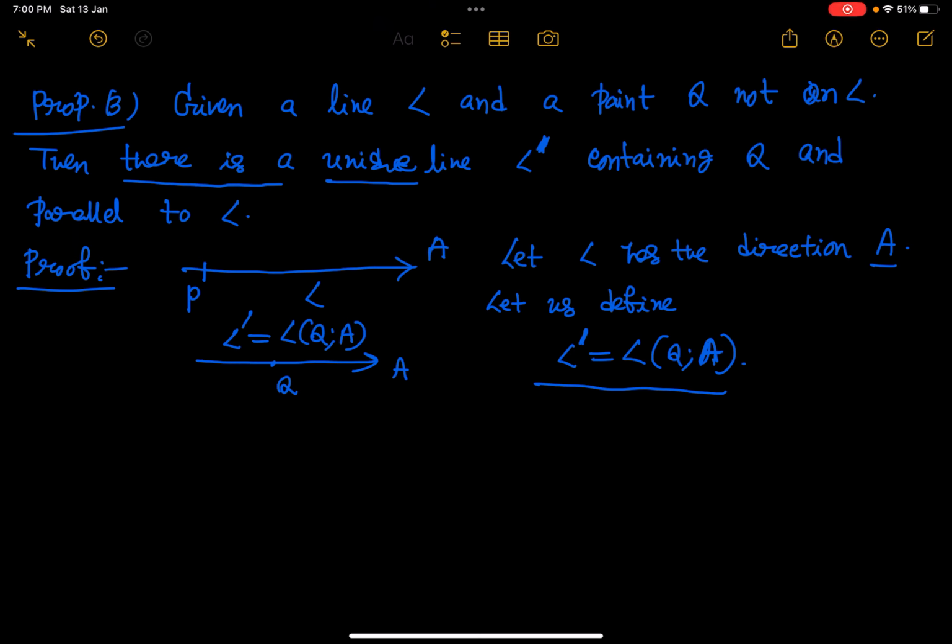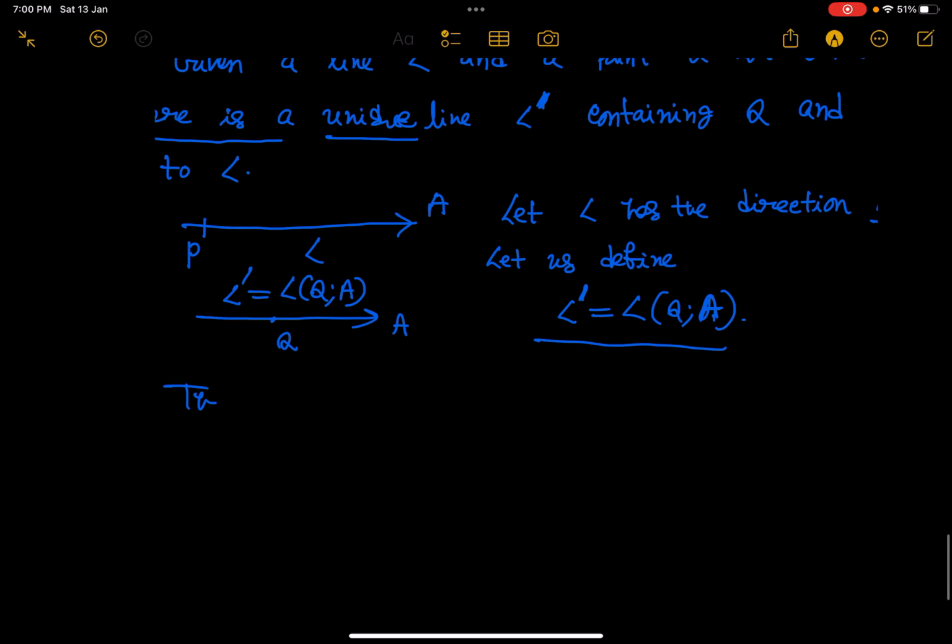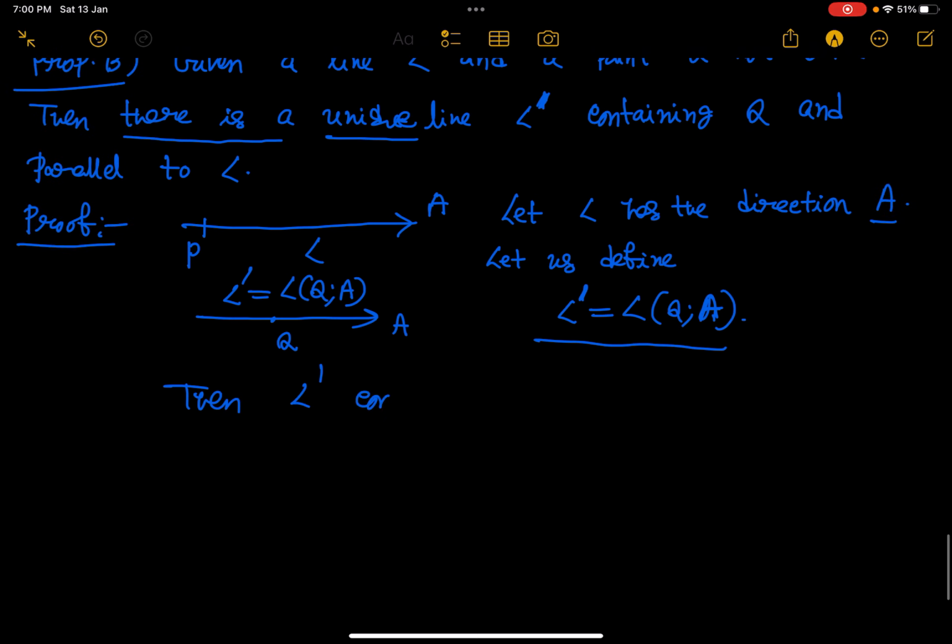Why is this unique? If you remember, we want that this must be parallel to the given line. This is also parallel. Then capital L dash contains Q and is parallel to the line capital L by the definition of parallel lines.